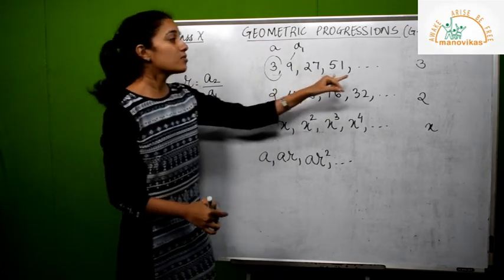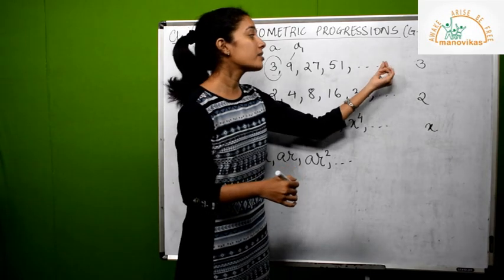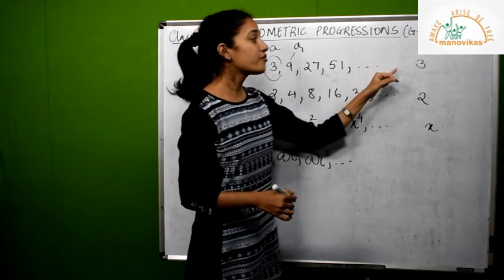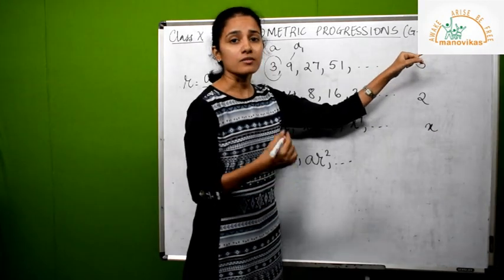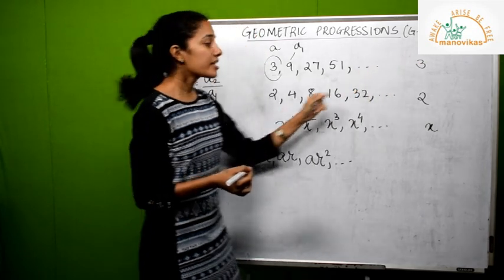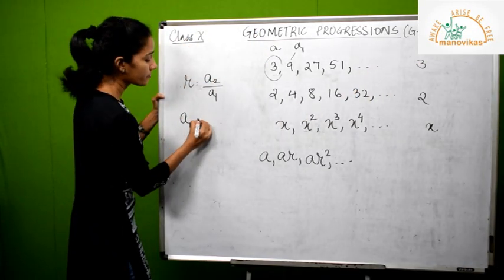Now if you have to calculate the 10th number, the number in the 10th position, or the 30th number, the number in the 30th position, then that is denoted by the general term, which is denoted by an.